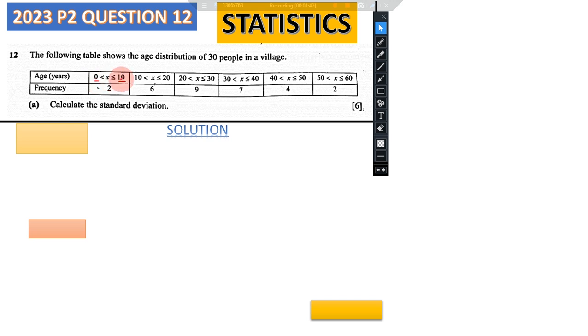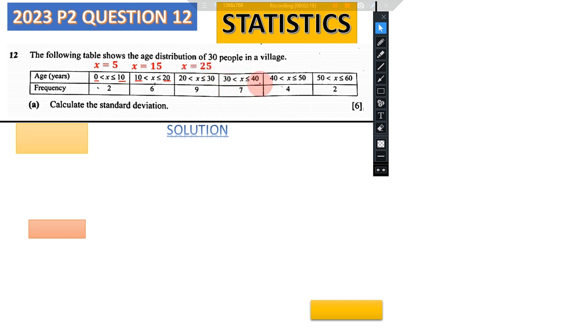So 0 plus 10, the answer will be 10. Divide 10 by 2, you get 5. So the first midpoint is 5. Then 10 plus 20 is 30, divided by 2 is 15. Then 20 plus 30 is 50, divided by 2 is 25.